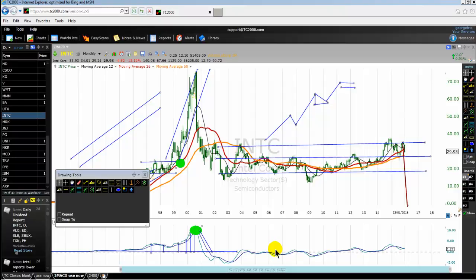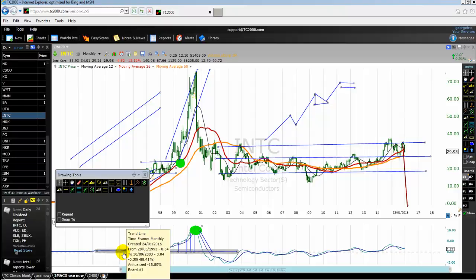So, if we are using MACD, a stochastic, or the RSI, we must always pay attention to the price structure in order to use the best tool for the current market pattern or the current price structure.